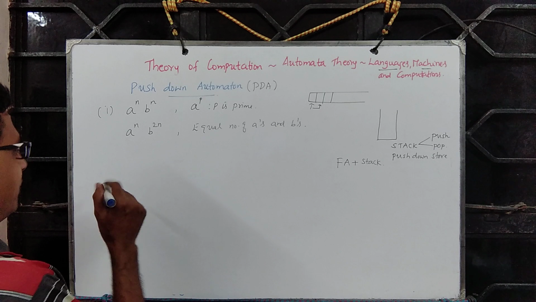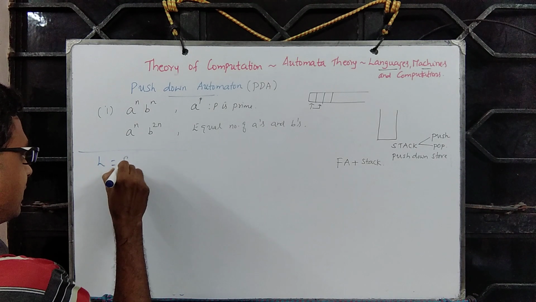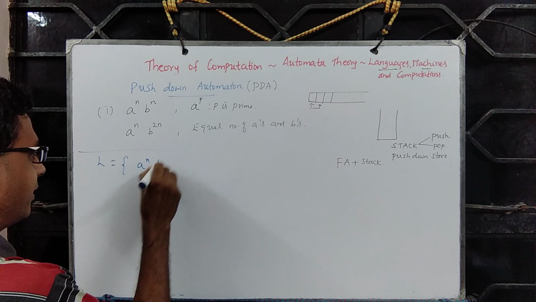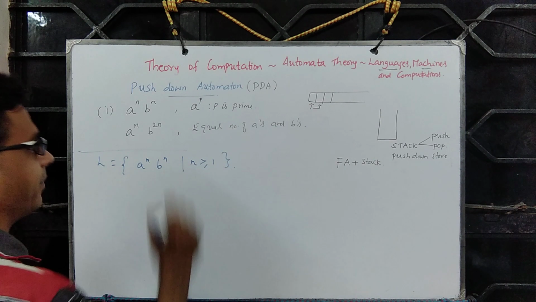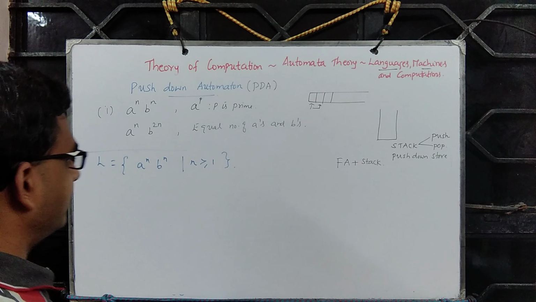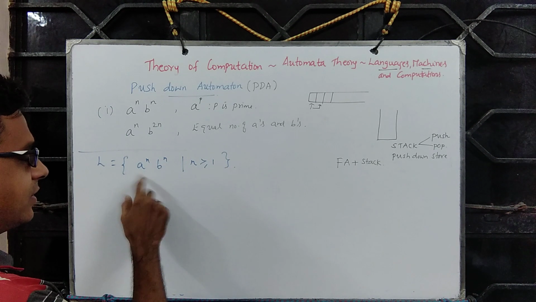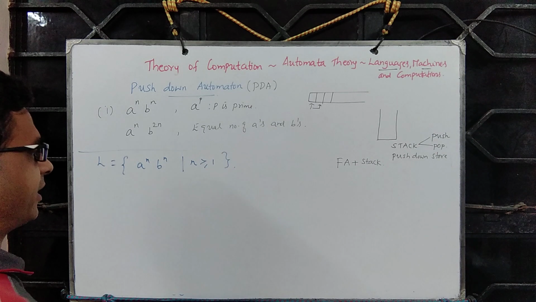Let's look at the first case study. The language is a power n, b power n, where n greater than or equal to 1. Let's check whether this language is accepted by the push down automaton or not.